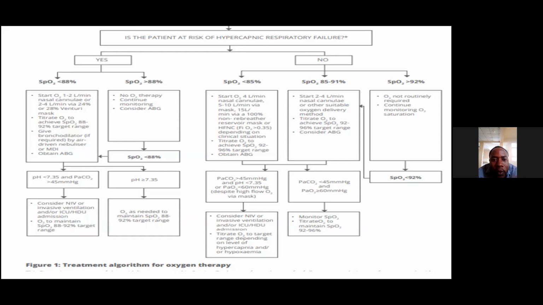In that case, you also need to do an ABG if you are in a setting where you can afford it. And if your pH is less than 7.35, you have to consider non-invasive ventilation, the CPAP or BiPAP. If the SpO2 is above 88%, you don't need oxygen support.